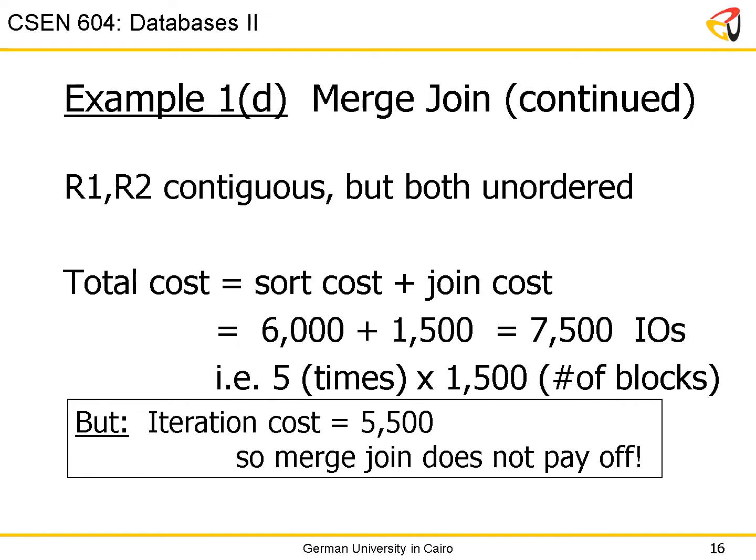So the general rule, just before we move on: if you're asked what is the cost of doing a sort-based merge join, where the column you're joining on is not sorted, you can simply compute it like this.